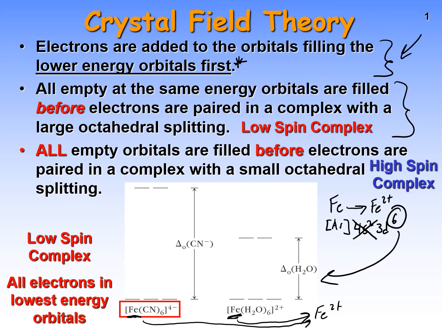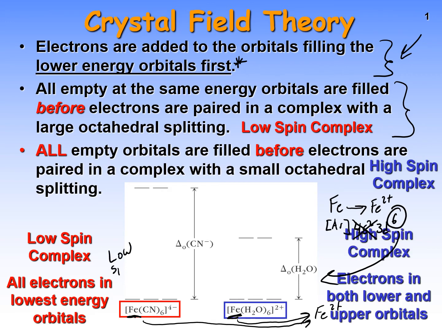Now, how we put them in is very different because of this one being a low spin complex and this one being a high spin. And this is related specifically to the ligand that we're dealing with. This is a strong field ligand, and this one is a weak field ligand.